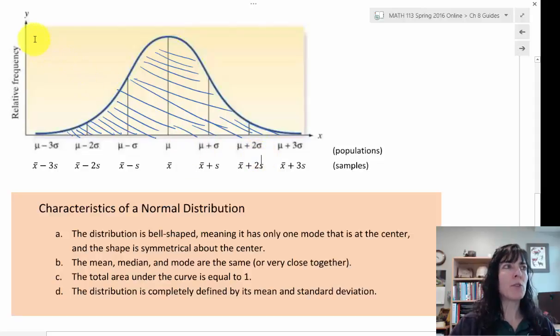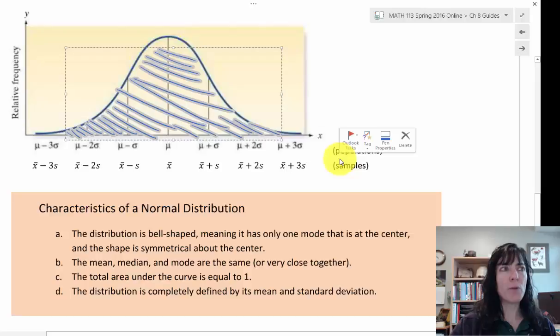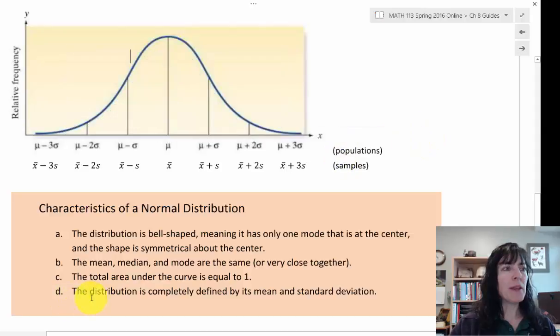So we have a full area of 1 for the entire curve. And then the shape of the distribution is completely defined by the data's mean and standard deviation. You need the mean, and then you either add or subtract standard deviations to help define all the different bars on there. So that's all you need from your data to draw a distribution like this, a mean and a standard deviation.